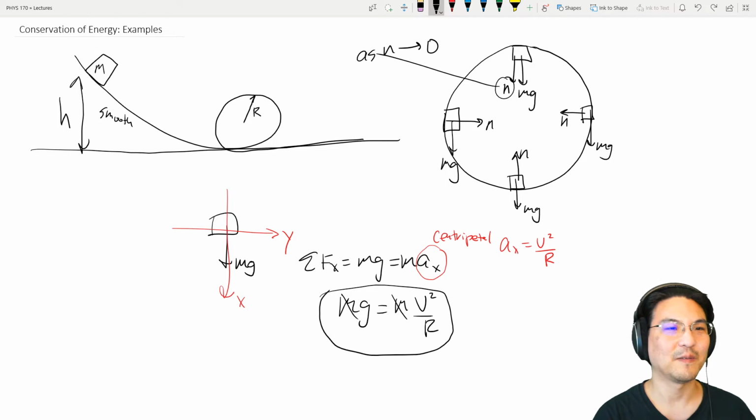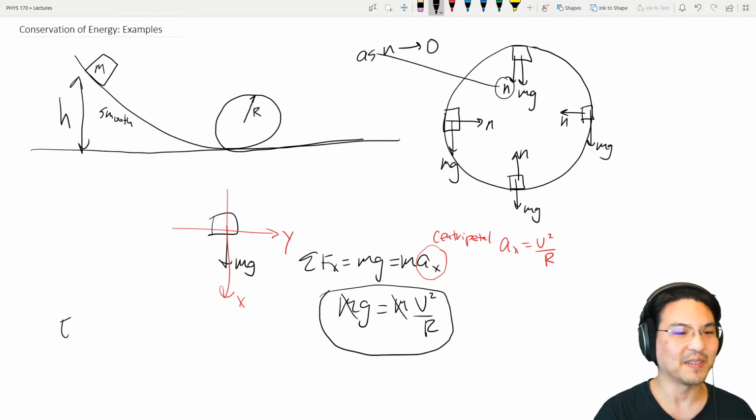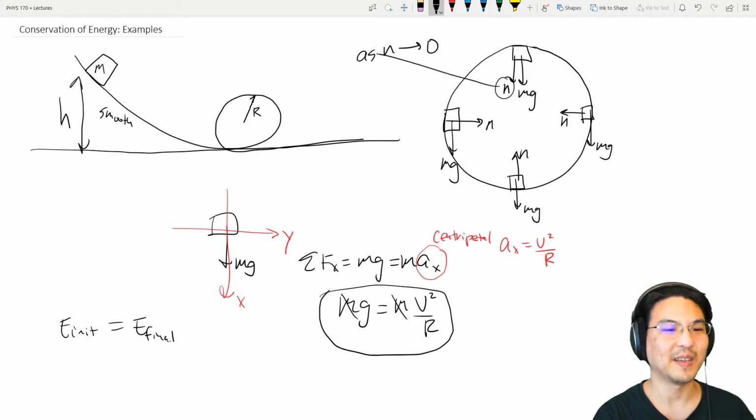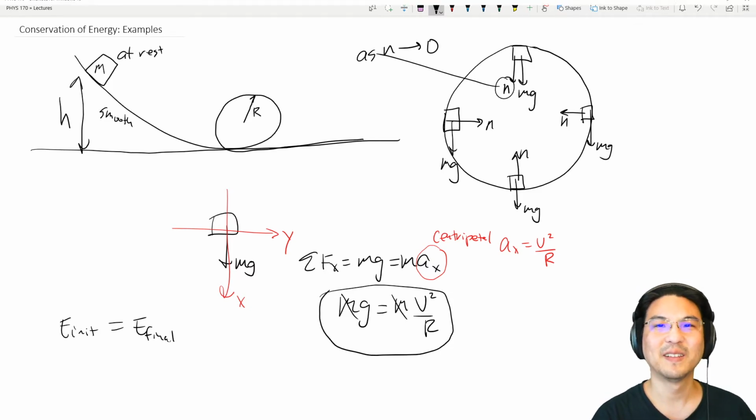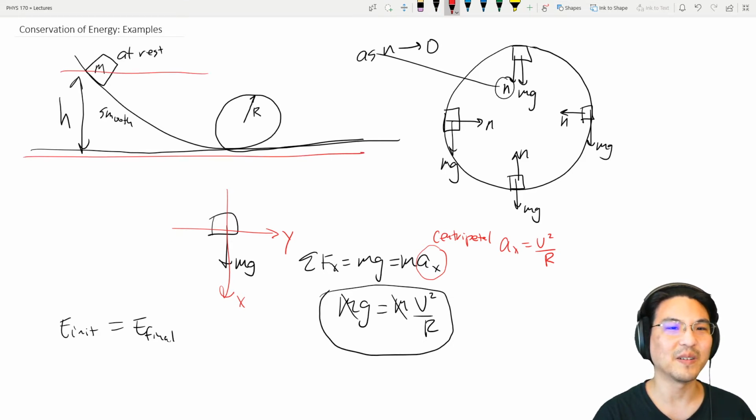Now, for energy. Let's say initial, final. Okay, so what's the initial energy here? Let's start at rest, so the kinetic energy is 0. What about the gravitational potential energy? It depends where you pick the datum. Do you want to pick the datum here, here, here, here?